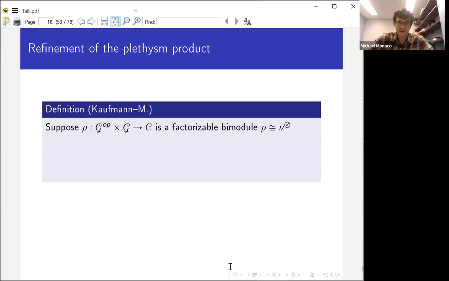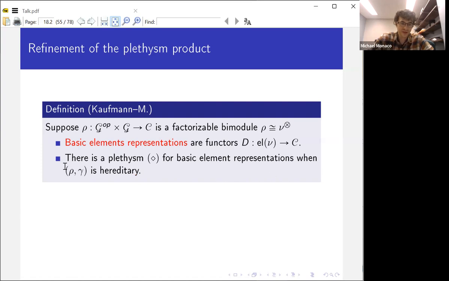Okay. Now that we have this notion of a factorizable bimodule, we can refine the notion of a Day convolution product in an element representation that we talked about before. If the structure bimodule rho is factorizable, then we can define basic element representations to be functors D from L nu to C. This time we're only considering the basic parts.